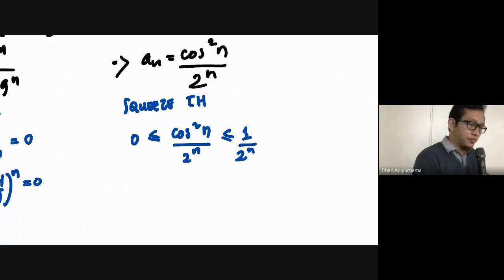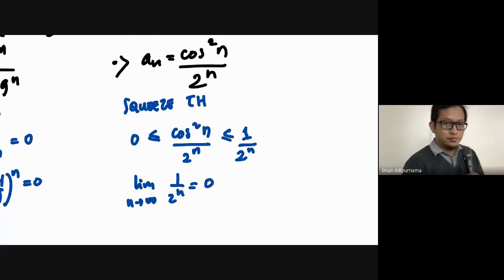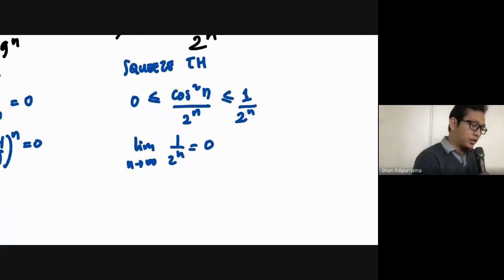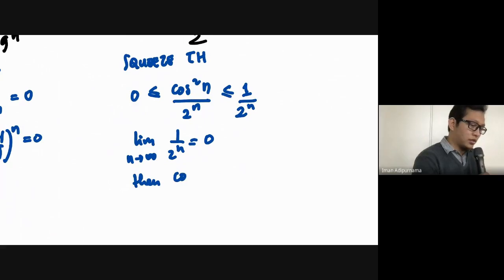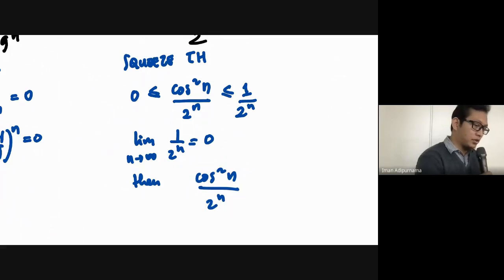And we know that the limit as n approaches infinity of 1/2n is 0, right? And then cos squared n over 2n, the limit terms, this is also 0, and it's convergent.